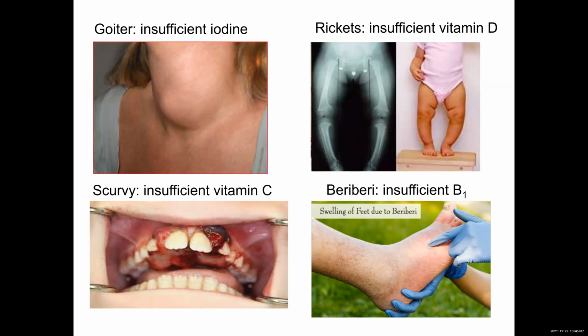When we don't get the nutrients we need, malnutrition is the word that's used for not getting enough nutrients. And there are specific diseases or disorders that come from missing certain essential nutrients. So here are a couple of examples.